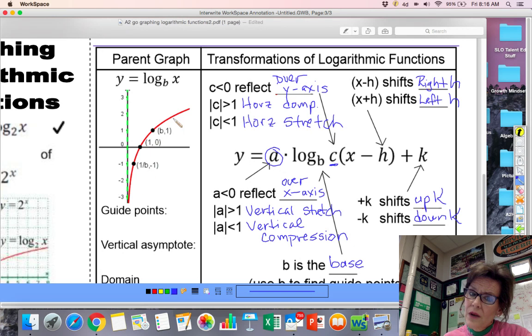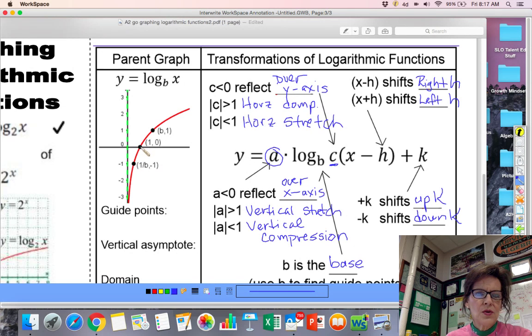When we're graphing a log by hand, when the log is in base B, the graph goes through 3 guide points. These should seem familiar. You've seen something like this before when we did exponentials. In fact, each point is an inverse of the exponential points. The first point is 1 over b, -1.